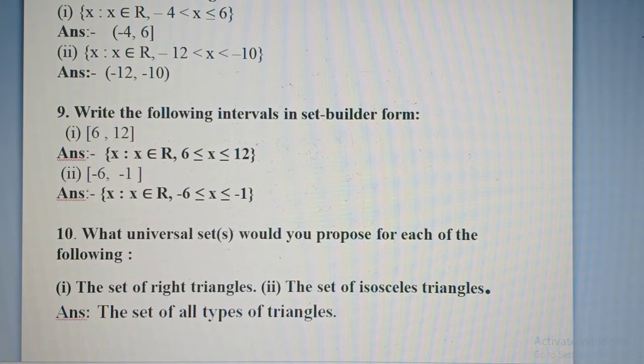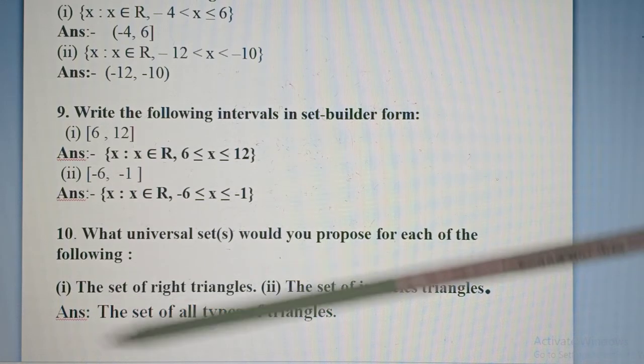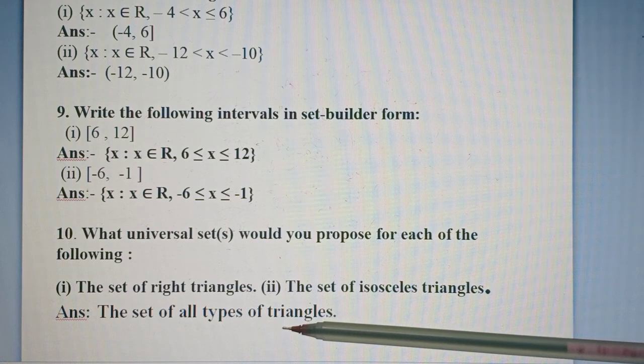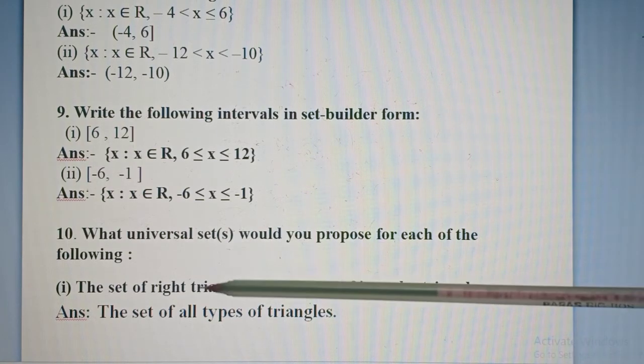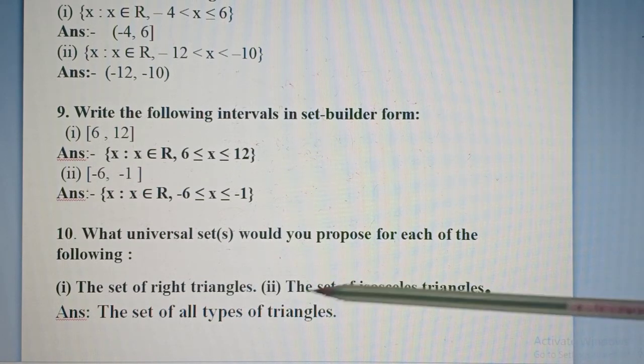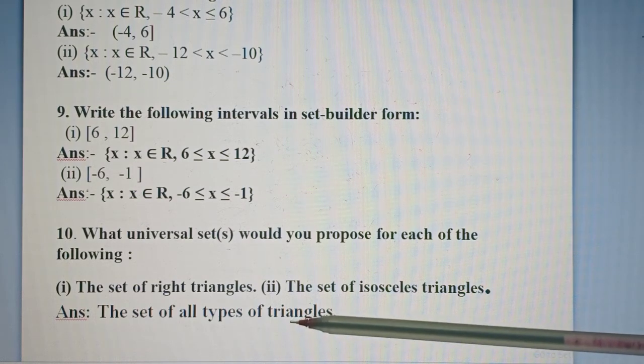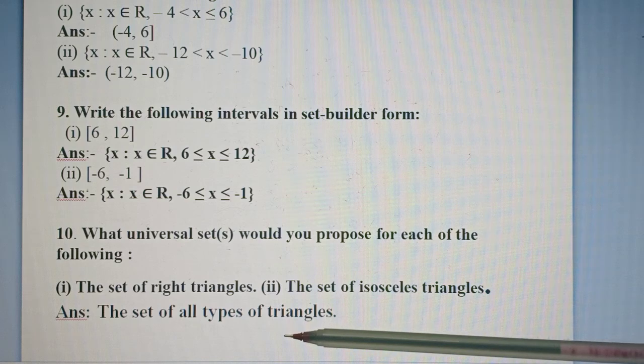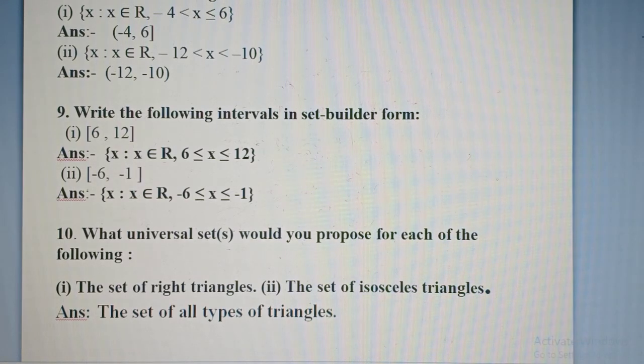So here we are talking about the different types of triangles. Our question is, what type of universal set we can propose so that these two sets are subsets of the universal set. So you can write the universal set as the set of all types of triangles.